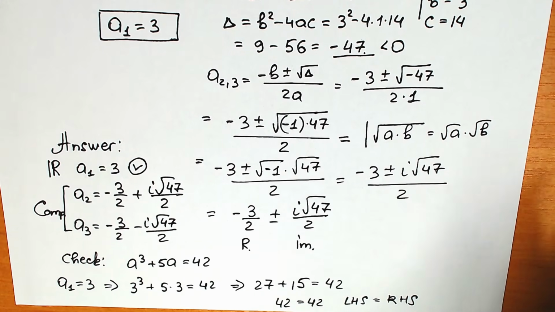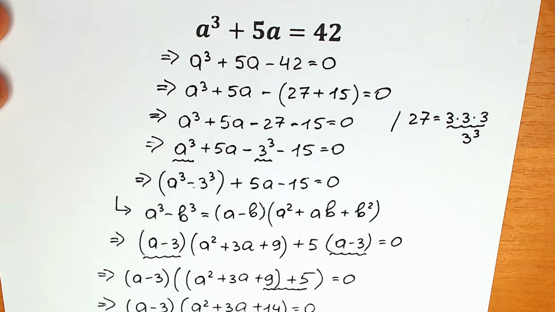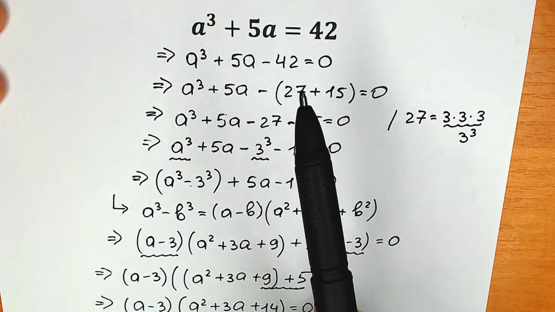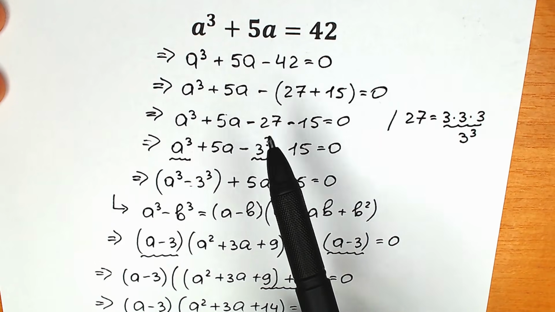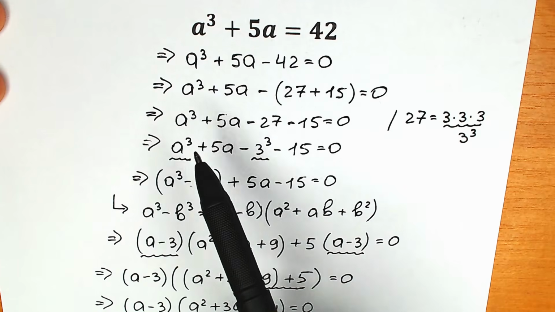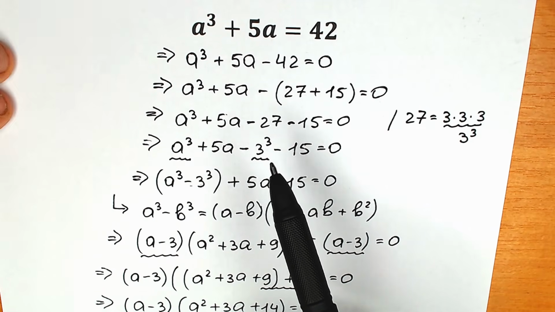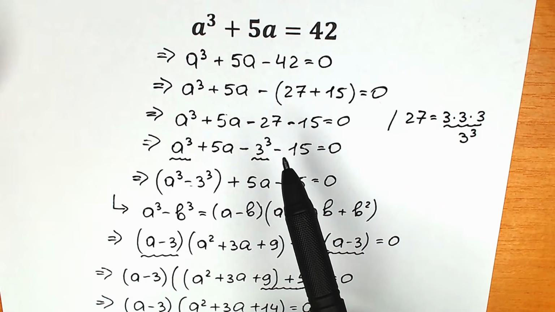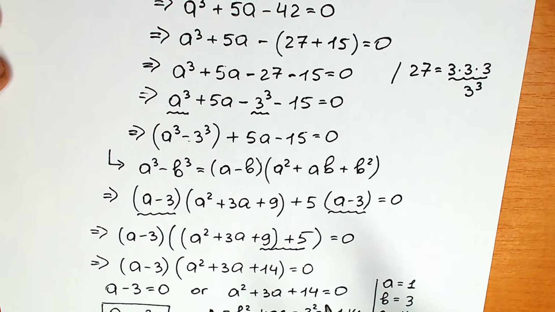So this is my solution to this question. I really hope you understand it. In my opinion, this is not a hard question. This is a basic cubic equation, but with a really important trick right here, because instead of 42, we write 27 plus 15, because 27 can be written as 3 cubed, and then we can group it with the a cubed. This trick helps us a lot, because without it, you will solve this question with the Cardano formulas, which are more complicated.